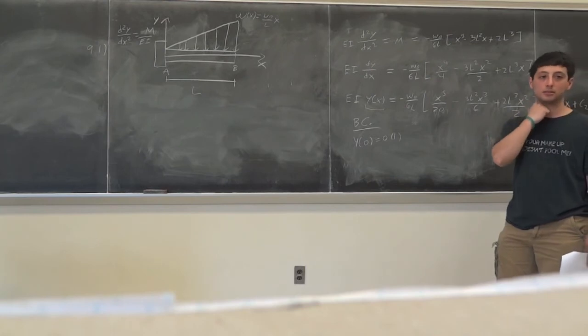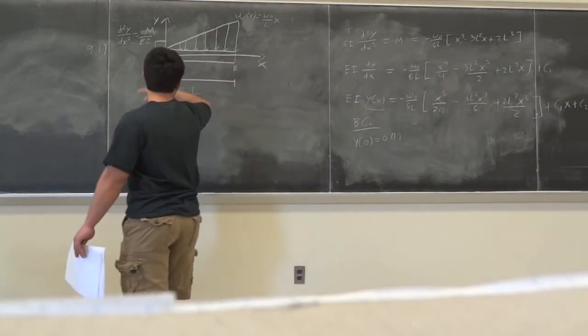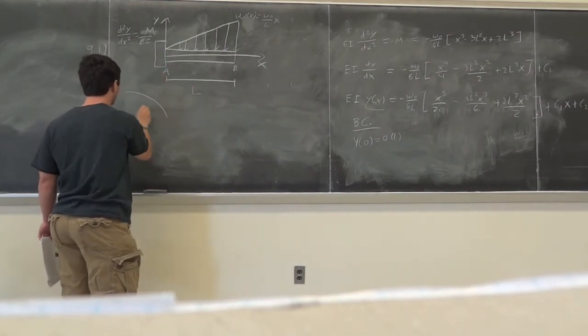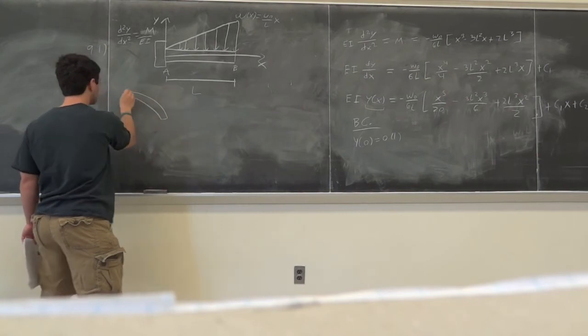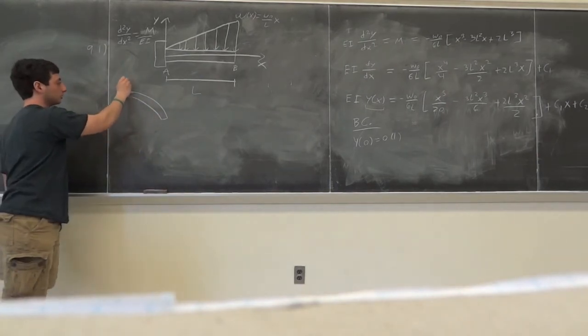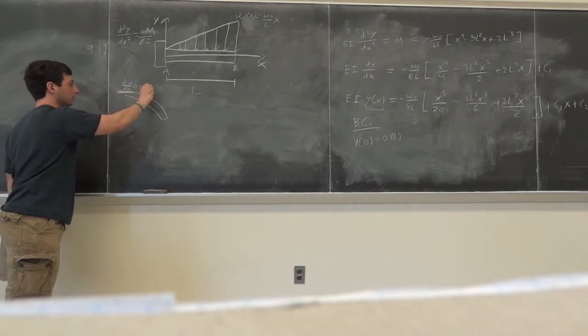Y prime of 0 is also 0. Yeah, exactly. Yeah, the slope over here is 0. So dy dx over here is 0. Remember I drew the picture, it looked like this, the beam? So the slope over here is 0. The slope here is 0. So that means dy dx at 0 is equal to 0.